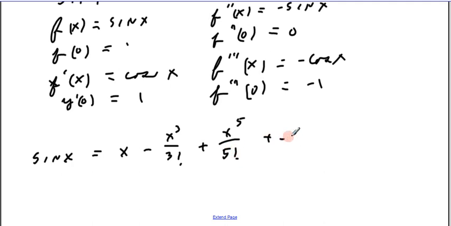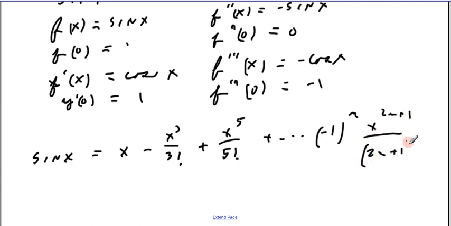Plus or minus 1 raised to the n, x to the 2n plus 1 divided by 2n plus 1 factorial, and then out to infinity. Okay, so if we have an answer, then the expansion does exist.